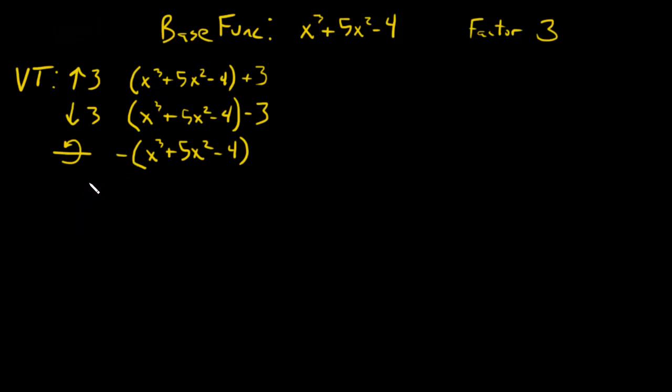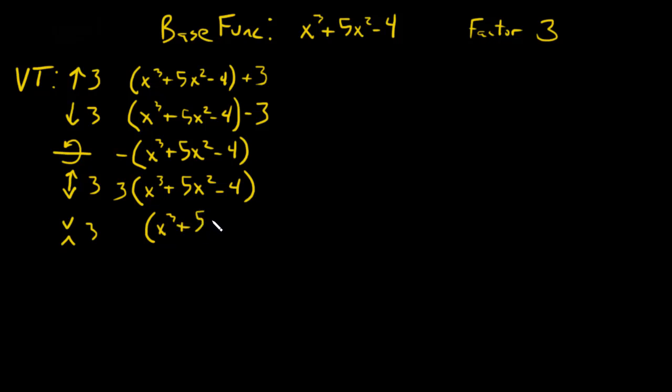If I want to stretch it vertically by a factor of 3, take the whole function, put it in parentheses, and I multiply it by 3. If I want to shrink it by a factor of 3, take the whole function, put it in parentheses, and I divide by 3.